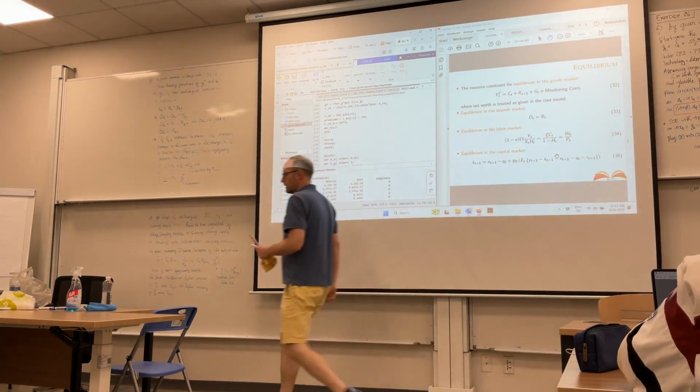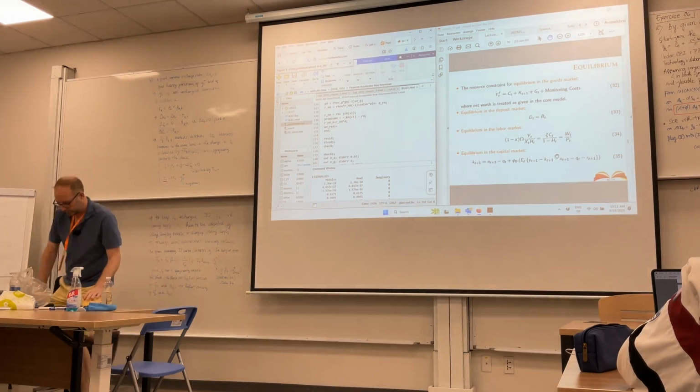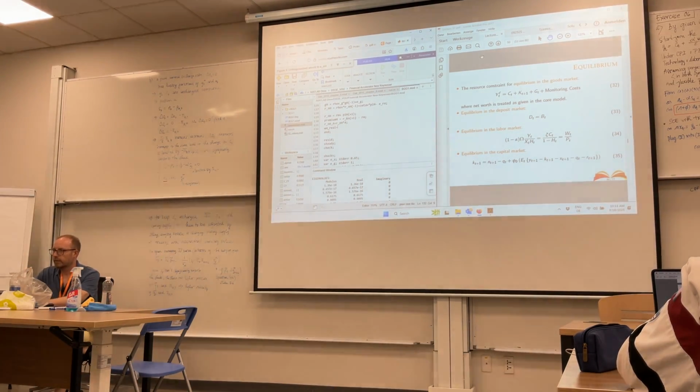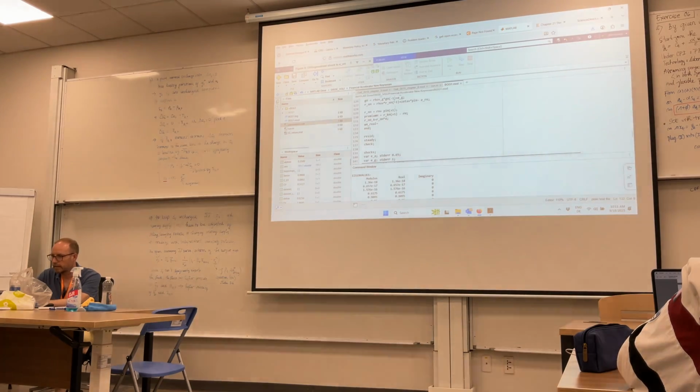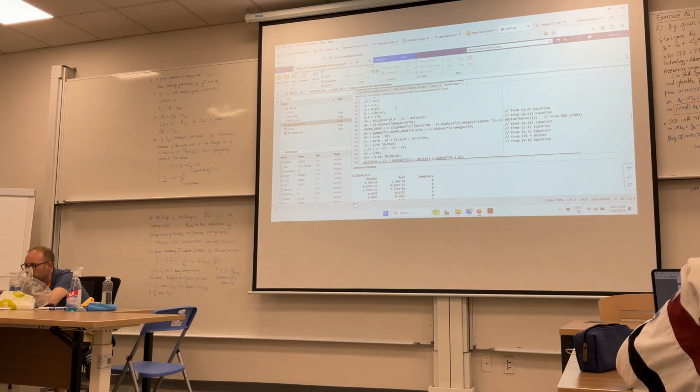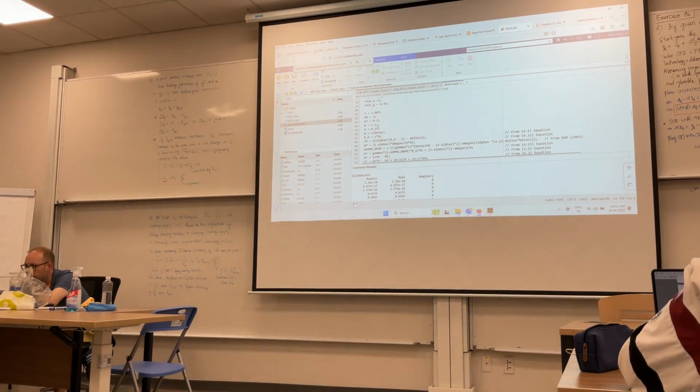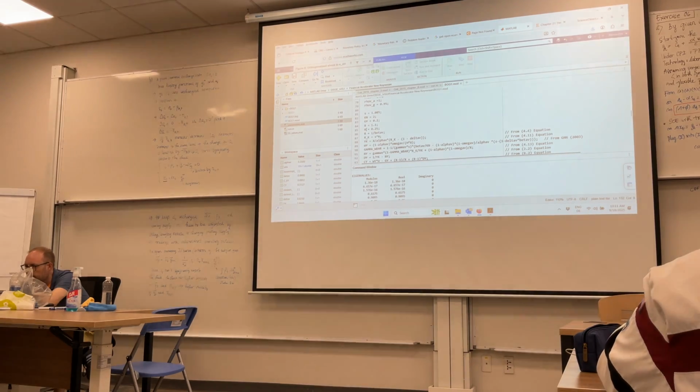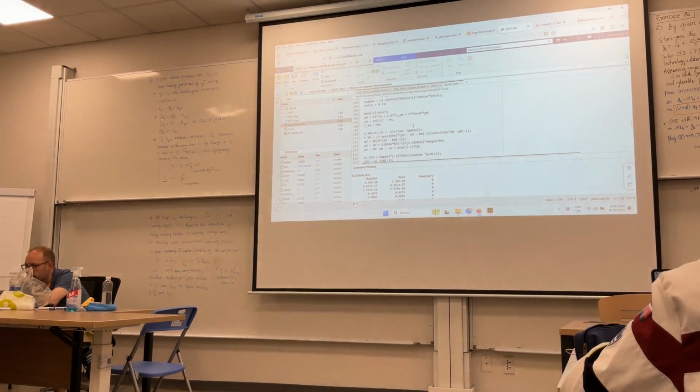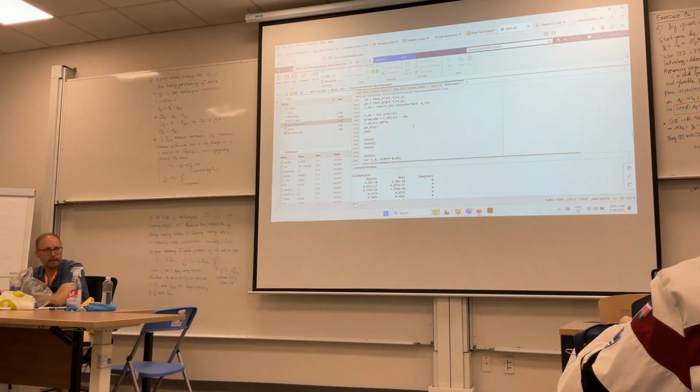So I don't want to do more work than I have to. Let's see if we have a steady state labor supply already in here. Yes, that's H bar. Super. So we can simply write an equation now.